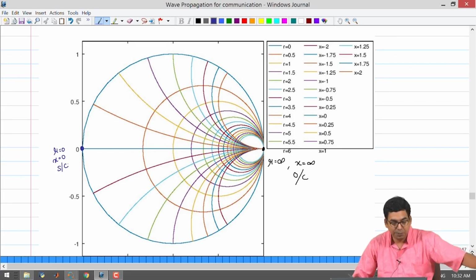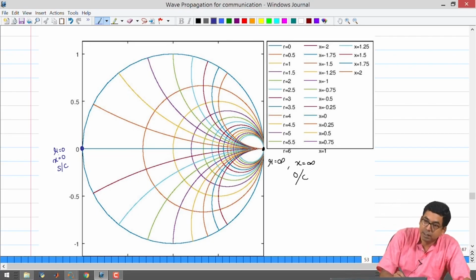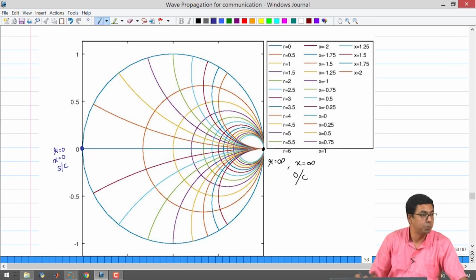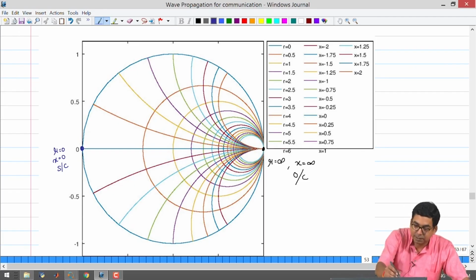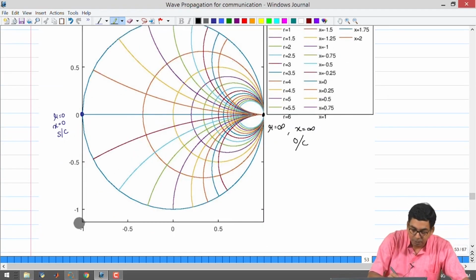plane. If somebody says that the load resistance is short, you can say that yes, the reflection coefficient is going to be minus 1. You can look at the axis values over here. It is going to be minus 1, and the reflection coefficient is going to be minus 1.